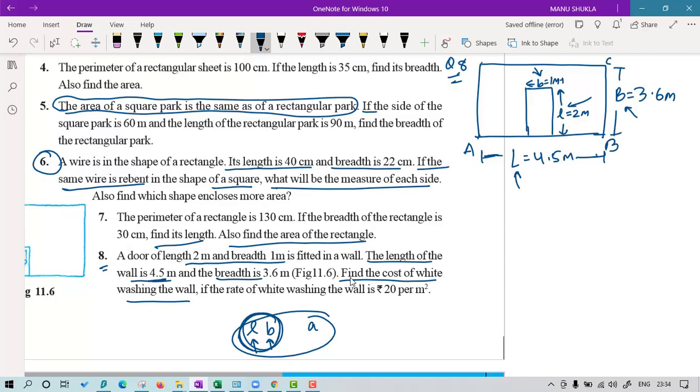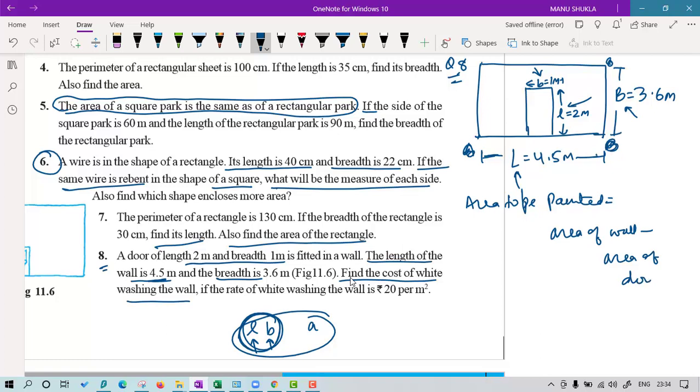So let's write now. Area to be painted is given by what, class? It is given by area of wall minus area of door. Now let's find the area of wall.